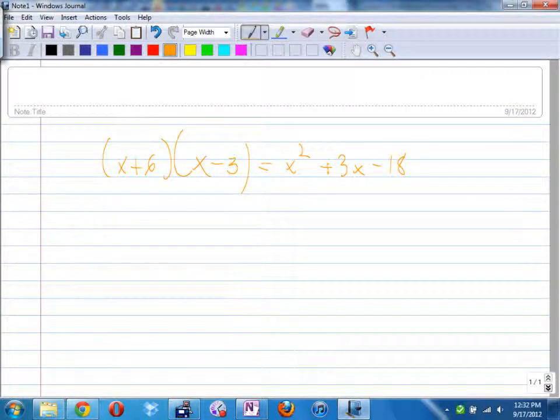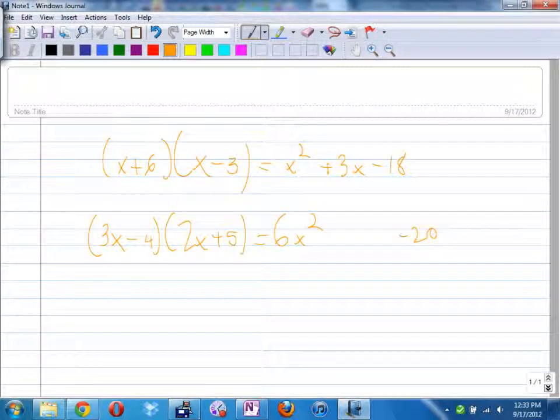If I even give you something like this, 3x minus 4, 2x plus 5, where you have coefficients in front of the x's as well, I'm okay with you doing these in your head if you can. Can you? Yeah? It's definitely going to be, I think, a 6x squared. The last number is going to be a negative 20.